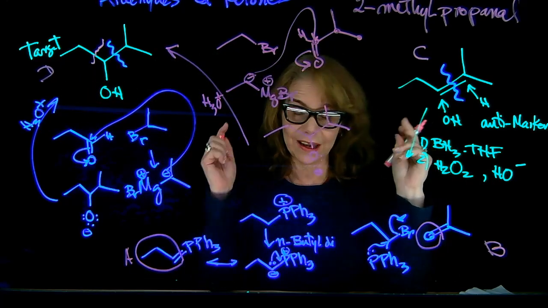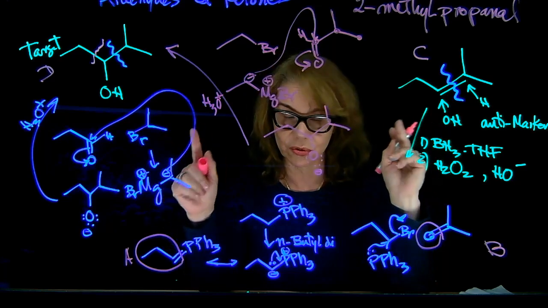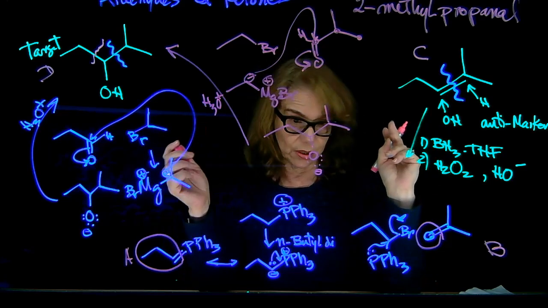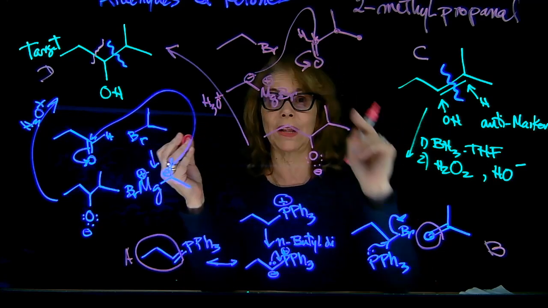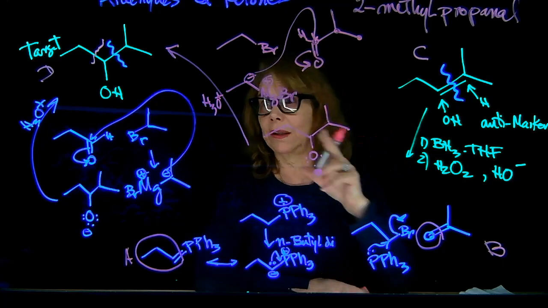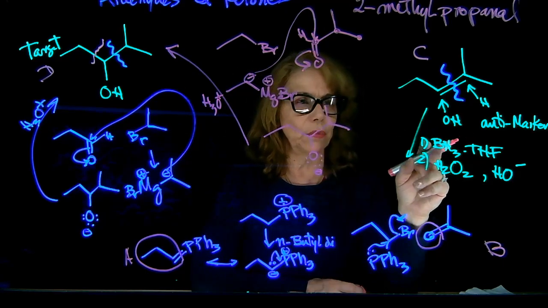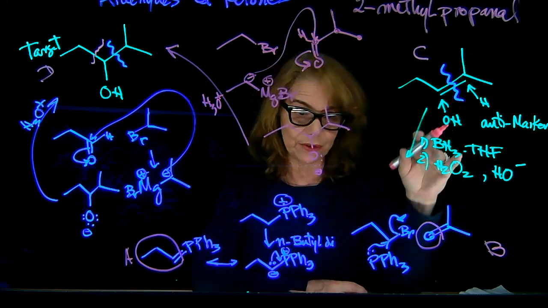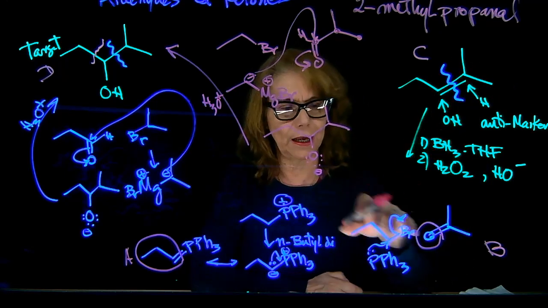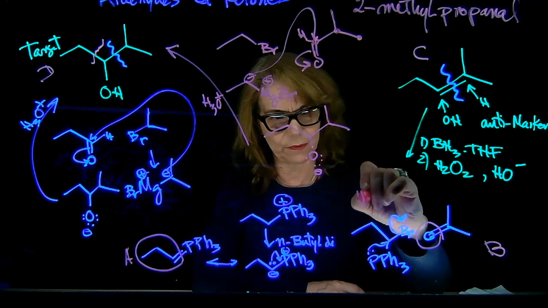So summarizing, I have 3 strategies, 2 involving Grignard reactions over aldehydes to get a secondary alcohol here. And the other strategy involves anti-Markovnikov hydration and a Wittig reaction. That is a Wittig.